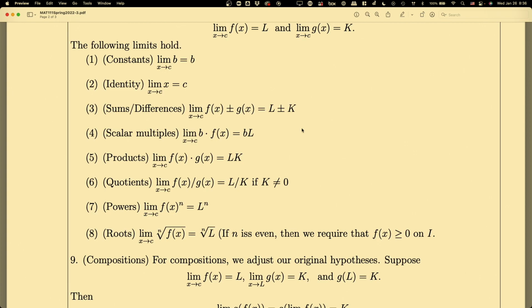Let's further suppose that if I just looked at function f, that limit is the number L, and if I just looked at function g, that limit is the number M, whatever those numbers are. Any questions on the assumption here? That's the part at the very top of the screen: we've got two functions and their individual limits are L and M respectively.